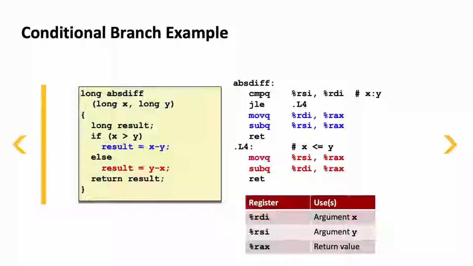Because if it's greater than, we just continue on to this move and subtract commands and then return. However, if x is less than or equal to y, we'll just jump straight down to this .L4 and do that other set of instructions that's in red. And that's how we've given ourselves this if-else statement reflected in assembly.